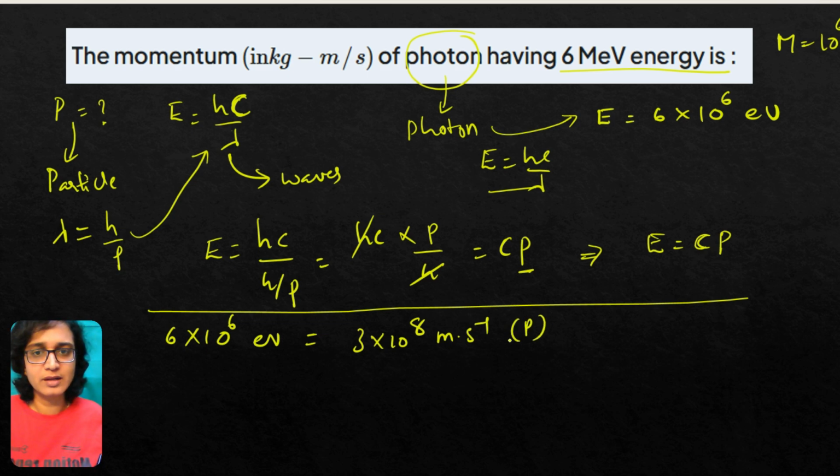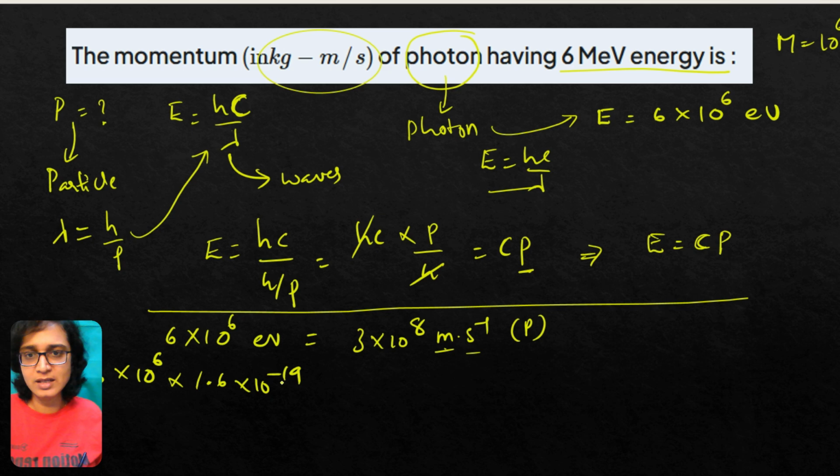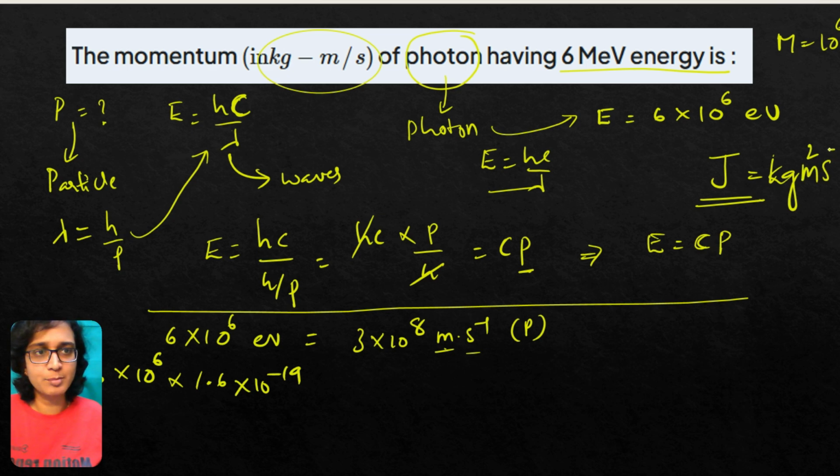Momentum we have to calculate, in terms of kg meter per second. Meter is there, second is there, but here electron volt is there. To convert into kg meter per second, first convert into joules. That will be 1.6 into 10 power minus 19 joules. Joule means kg meter square second power minus 2.